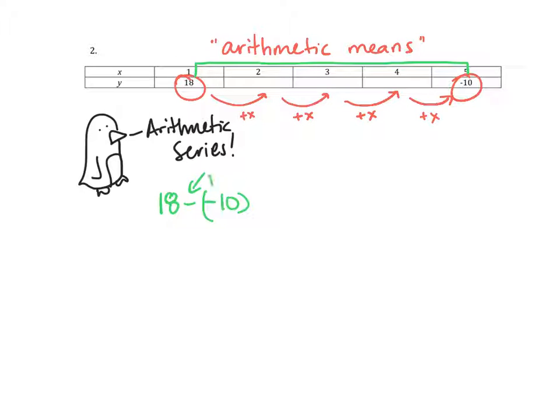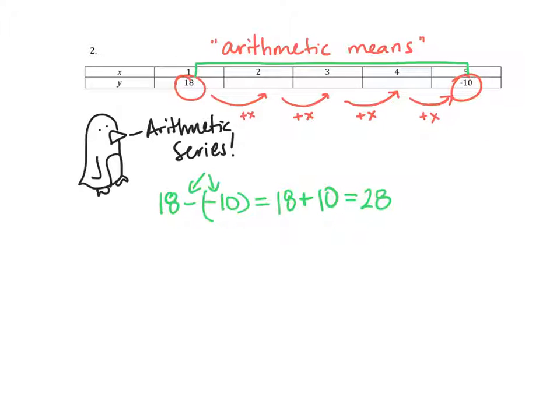I have 2 minus signs. So what happens when you have 2 negative signs right next to each other? That's right, they turn into a positive sign. So that's going to be 18 plus 10, and 18 plus 10, I believe, is 28. So that means all the way from 18 to negative 10, that is 28. Okay, so I'm covering 28 between here and here.